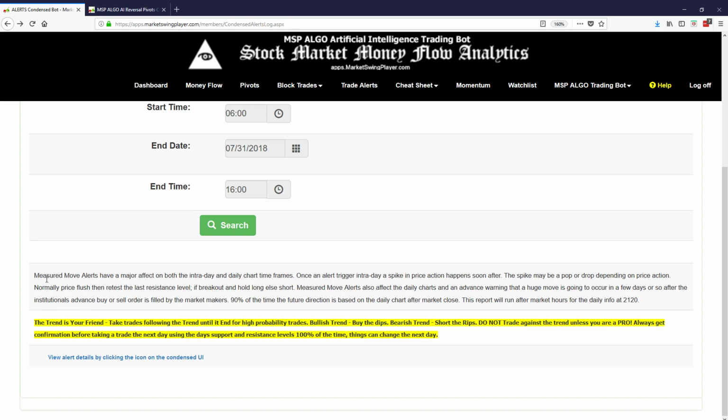Normally, price flush then retests the last resistance level, and that's going to determine the direction. So if price retests and breaks out, then obviously price is going to go higher. If price retests resistance and fails and pulls back, obviously price is going to pull back.